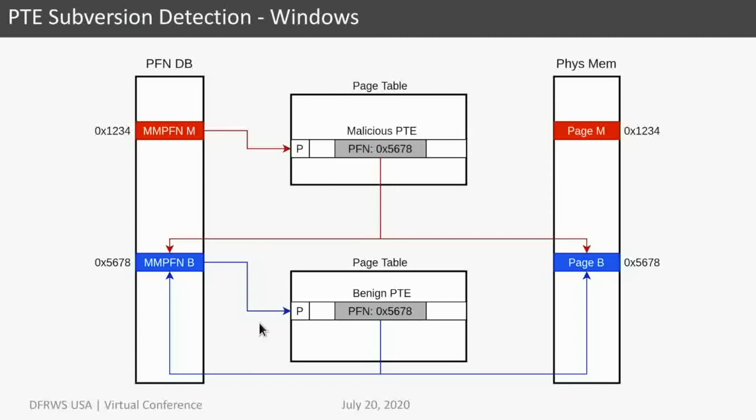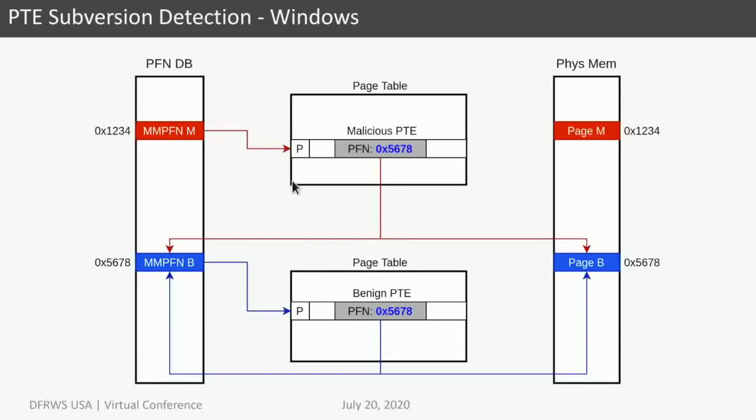And we have a valid loop here. But we have also the pointer from over here, which does not point back over here. So this is something that we can detect on. Also, by enumerating all the MMPFN structs, we will encounter this one here, which points to this PTE, but the PTE does not point back. So this is also something that we can detect.